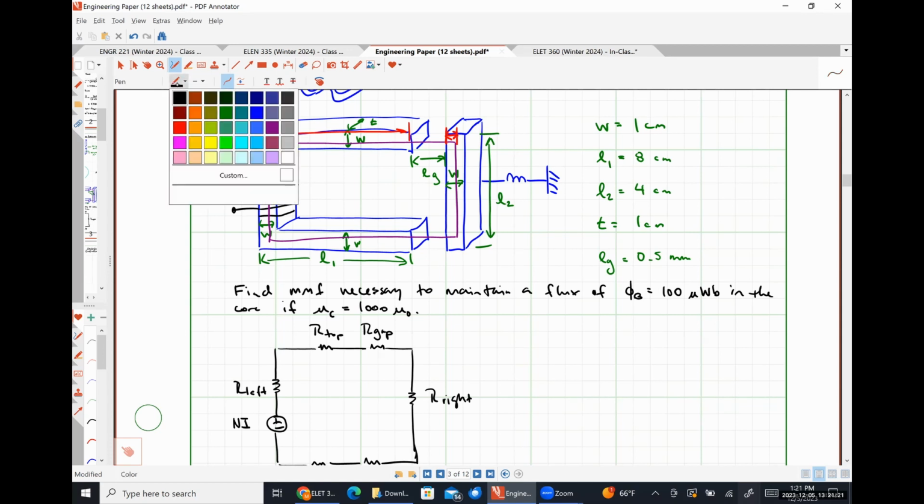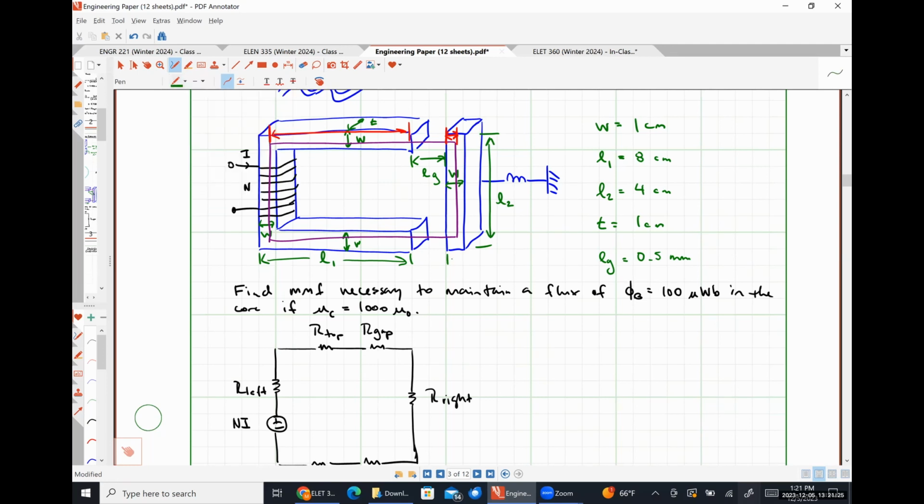So let's look at things here really quickly. I believe you're right. So yeah, so we already have this distance of W. So this guy right here is going to look like half a W. And then this distance right here is L1 minus half a W. So L1 minus half a W plus half a W is just L1.